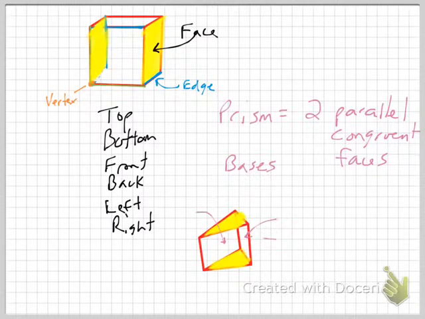Since they touch, can they possibly be parallel? No. What does parallel mean, Jonathan? Two faces that never touch. So if they touch, are they parallel? No, they're not. The two yellow shaded boxes that I have, do they touch? No, they don't. They're parallel.